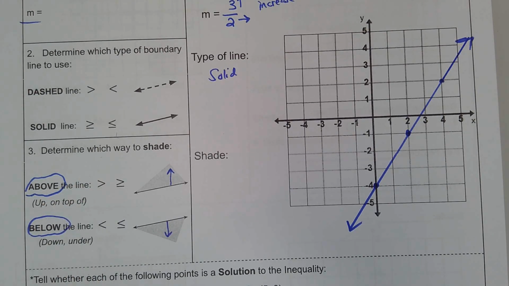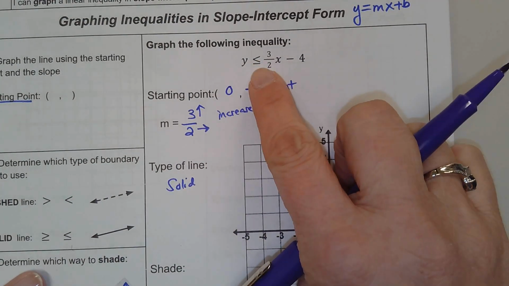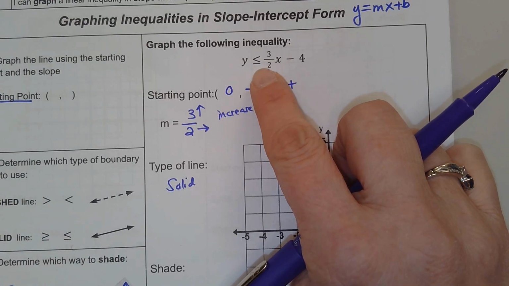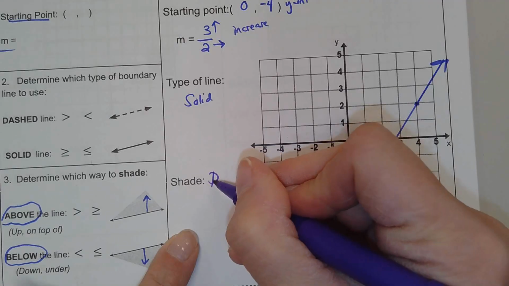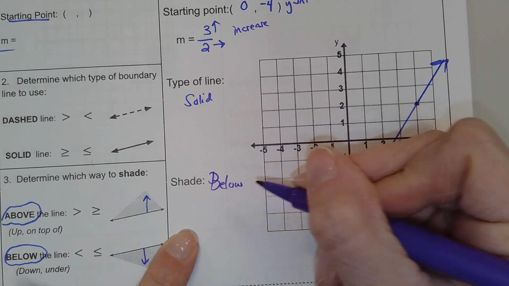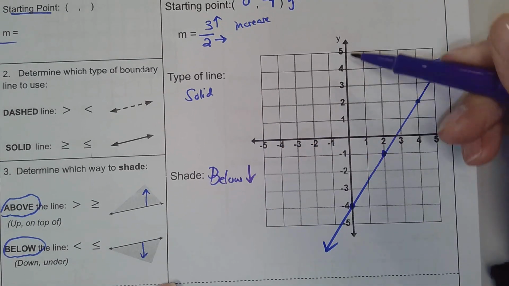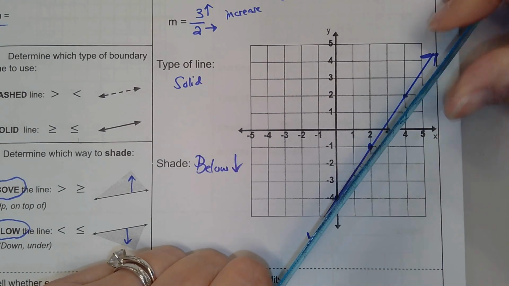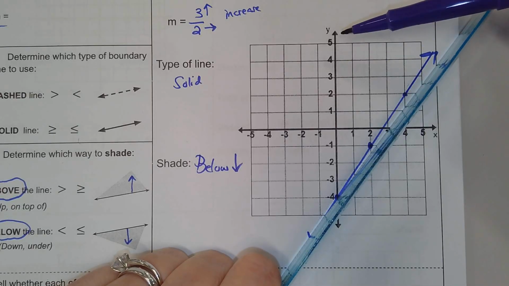Let's go see what kind of symbol we have. This symbol says less, so we will shade below. We will shade below the line. We have to make sure on the y-axis we go down. So you put your ruler here and you look at the y-axis.